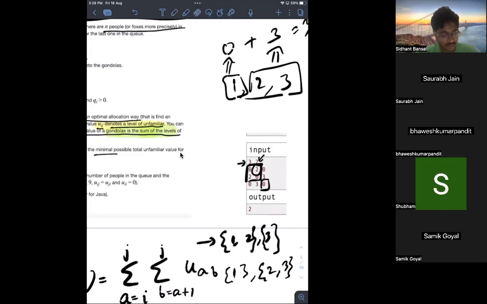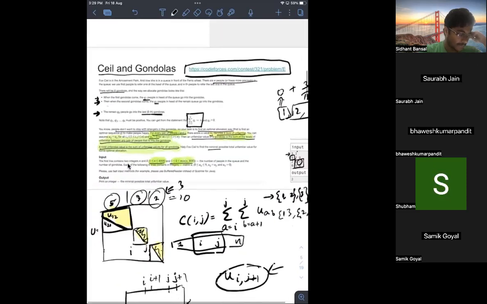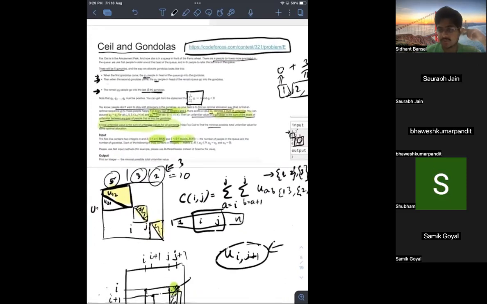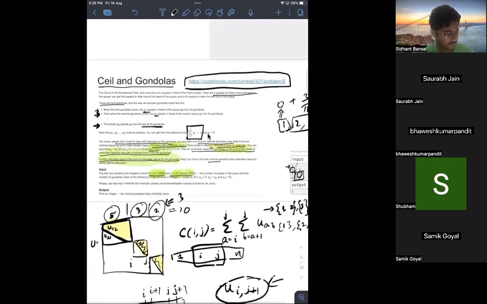Whereas if you go the other route, that is this portion and this portion, then your sum is 3. And you want to get the cheaper one. So you'll group 1 and 2 together, and the third one will be alone. Any doubts understanding this question? Because for the next 15 minutes, we'll be just discussing this question, divide and conquer optimization, so it's imperative that you understand the question itself.